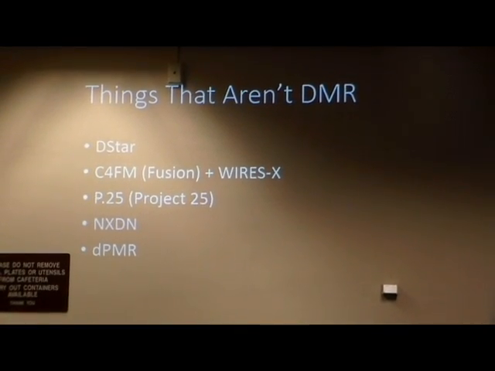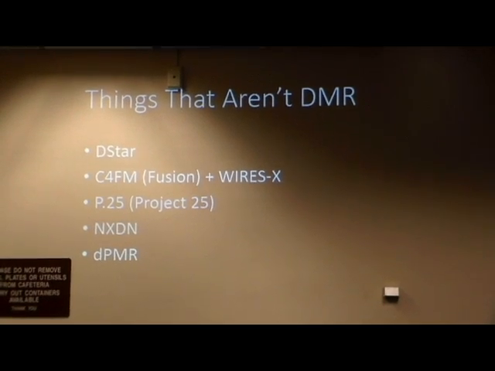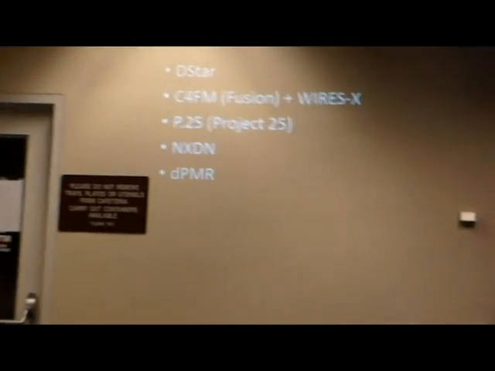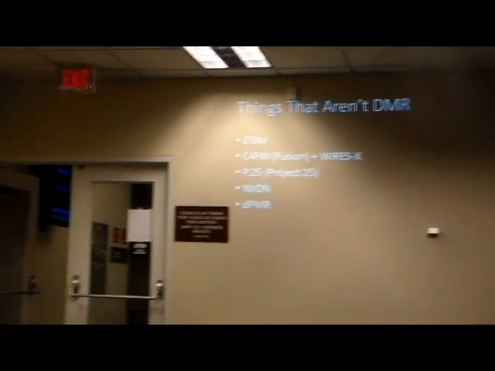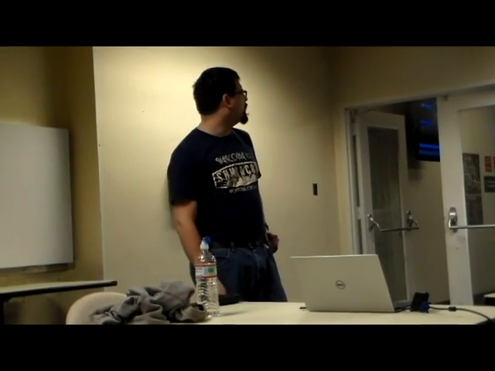P25 is a standard that was originally done for public service and emergency use, I want to say. It has a lot of similarities to DMR from a design perspective, but it uses frequency division multiple access, so totally incompatible. NXDN, I don't know a heck of a lot about this.